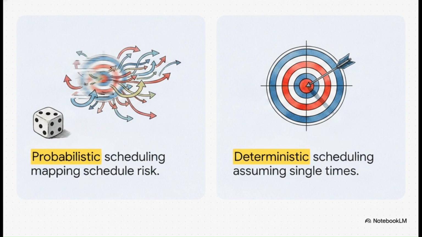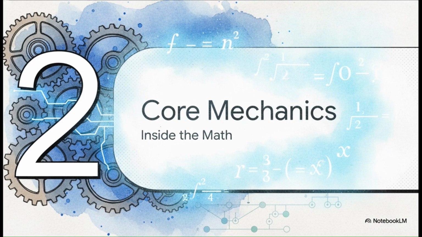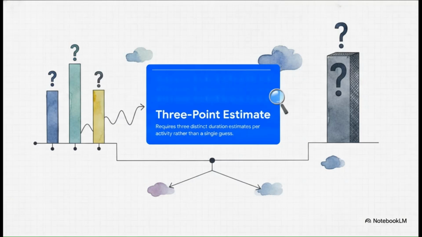It actually lets planners reason about the schedule risk instead of just pretending they magically know a single fixed completion date. It is basically the difference between saying, this will definitely take exactly 5 days, and saying, this is probably going to take 5 days. But let's actually calculate the risk, moving on into section 2, which is the discussion on the core mechanics of PERT.